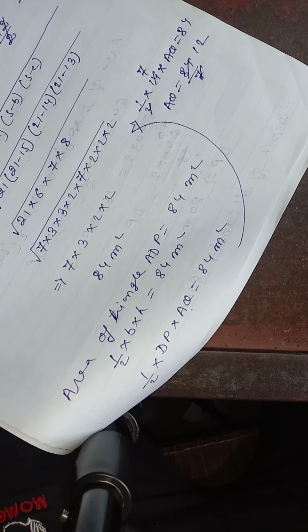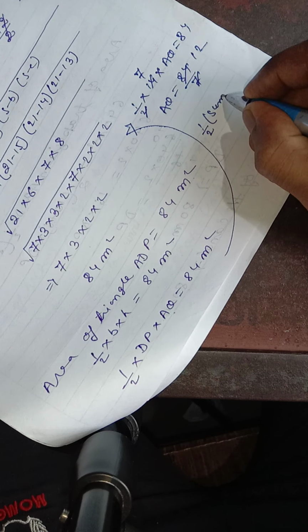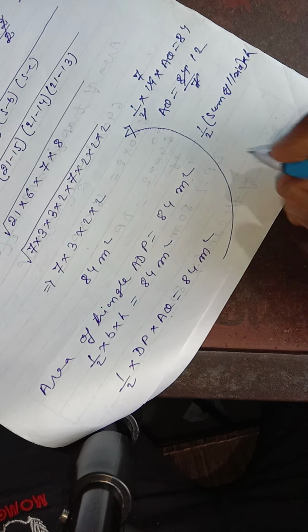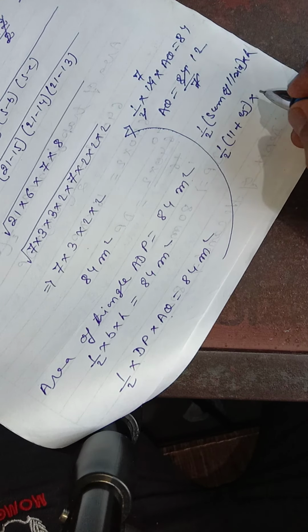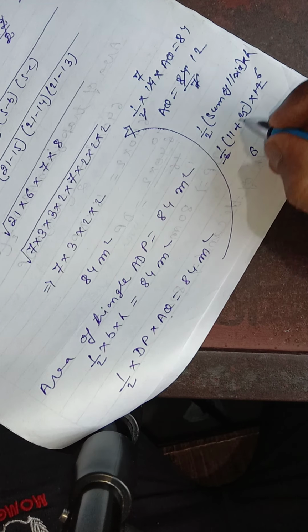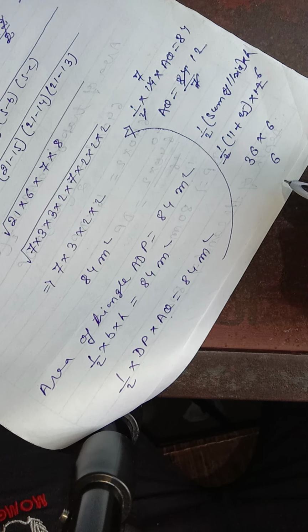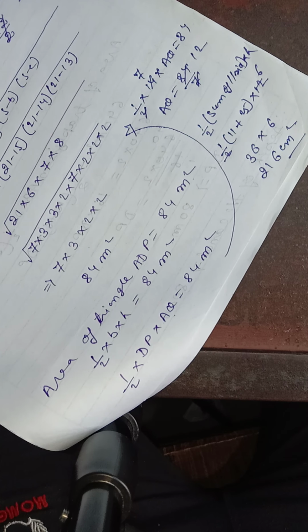Actually, we have to find the area of the trapezium, and the area of a trapezium is half into sum of parallel sides into height. The parallel sides are 11 plus 25, and the height we just found is 12. We can cut this: 5 plus 1 is 6, 2 plus 1 is 3, into 6. 6 sixes are 36, carry 3. 6 threes are 18, 19, 20, 21. So our final answer for question number 39 is 216 centimeter square.